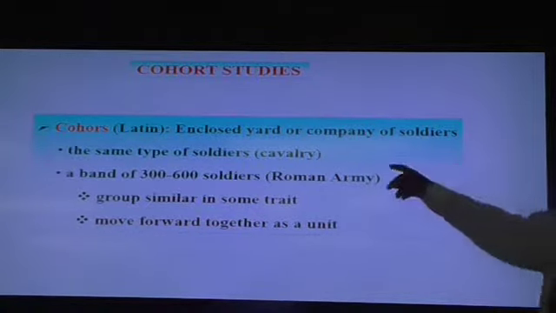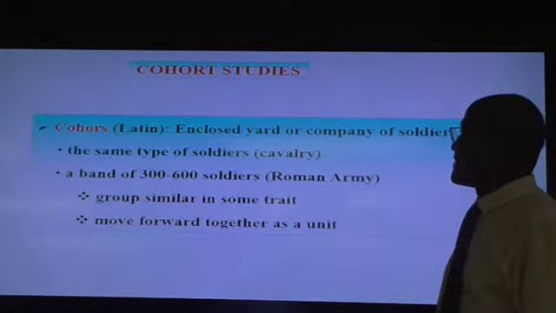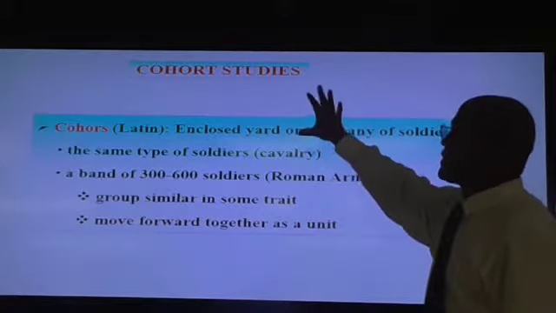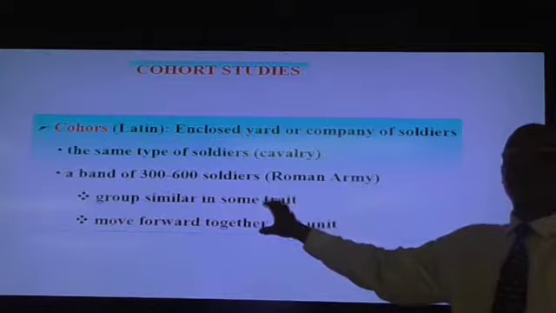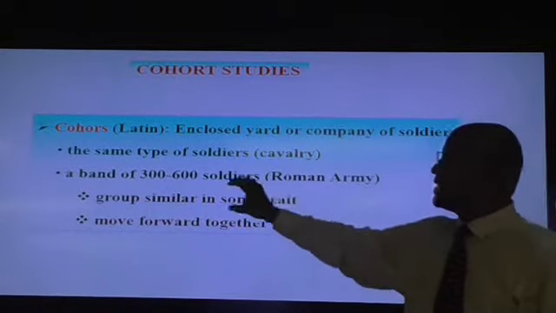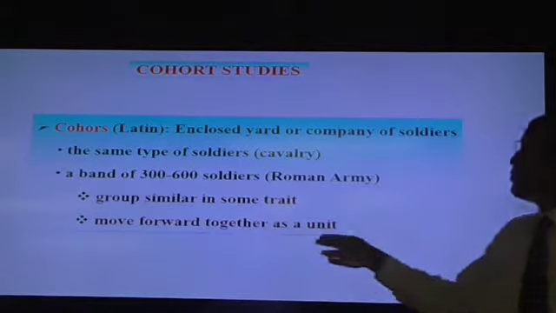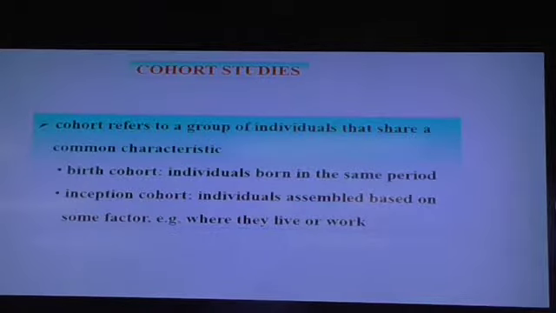In the old Roman army, it's a band of 300 to 600 soldiers. But the key here, when we're talking about cohort studies, is a group similar in some trait. If we talk about one cohort, we mean that group that they are similar in some trait, and so they move forward as a unit or as a group.